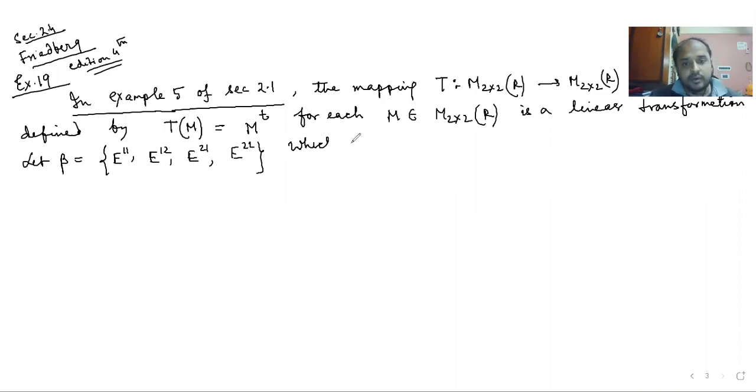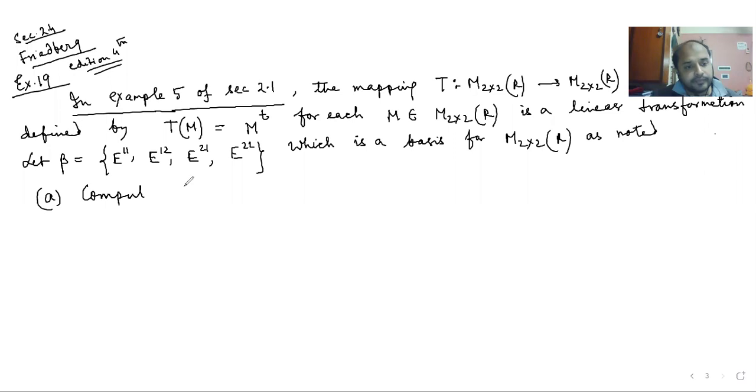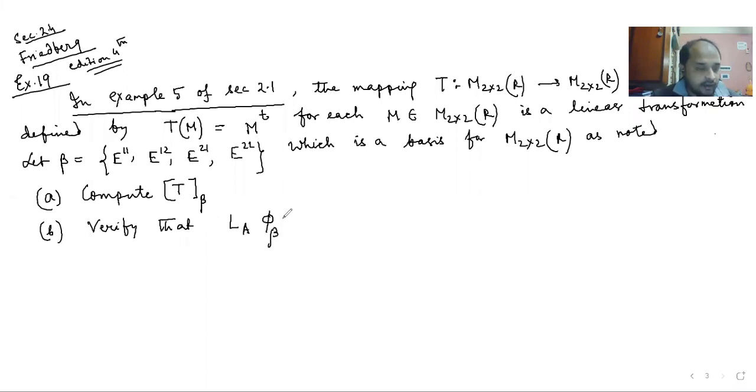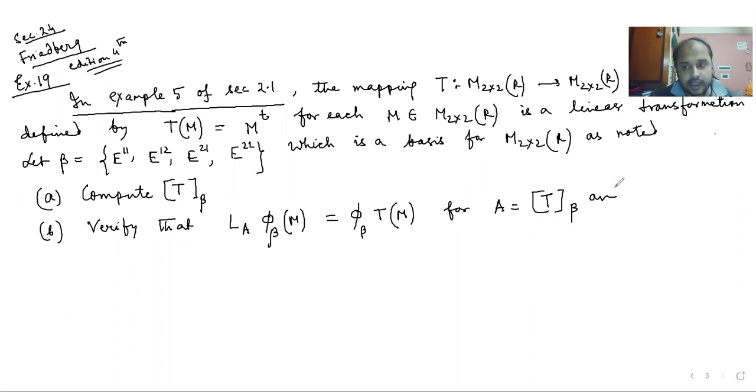It is a basis for M2x2(R). The question is: (a) compute [T]_beta, and (b) verify that [A]_beta phi_beta(M) = phi_beta(T(M)) for A = [T]_beta and M = (1 2; 3 4).